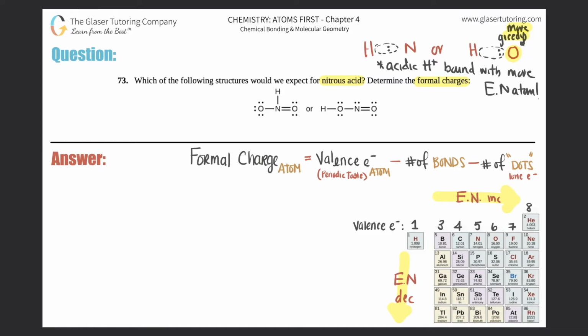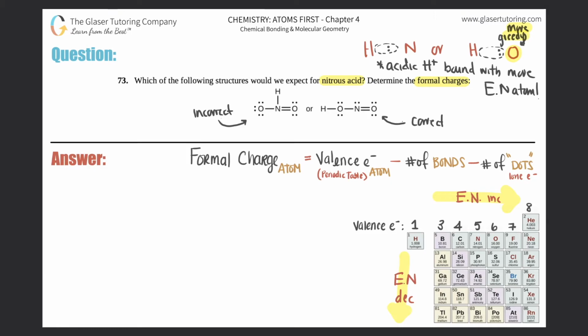The electrons are so close to that atom that the hydrogen is like, I don't even have those electrons, so I can just leave and join with a base. So off of that, we know this one is the correct structure and this one is incorrect, just from knowing what electronegativity is and how to apply it.